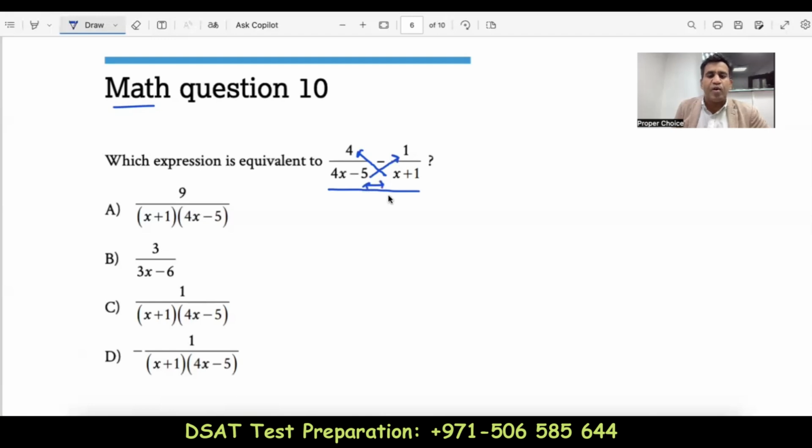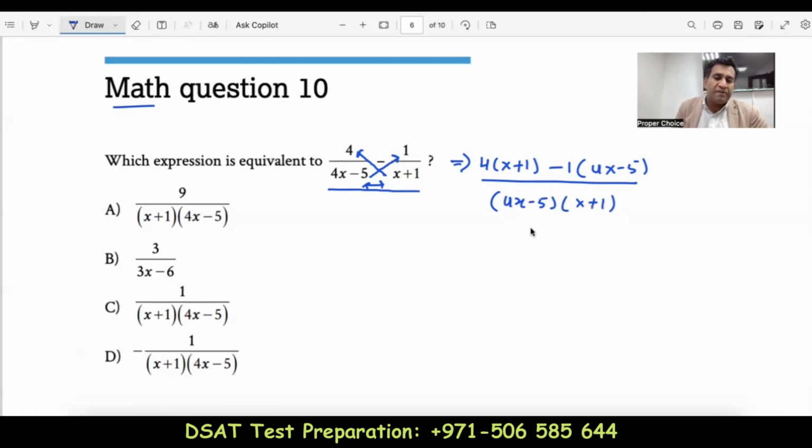That's how you can make a common denominator for the expression. So this now becomes 4 times (x plus 1) minus 1 times (4x minus 5), divided by (4x minus 5) times (x plus 1).